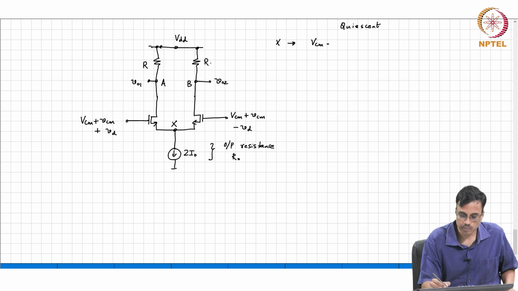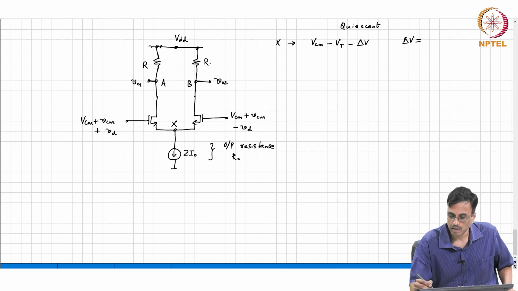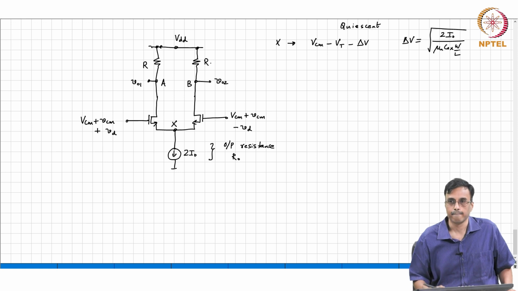VCM minus VT minus some overdrive delta V, and what is delta V? Yeah, it is nothing but square root of 2 I naught over mu n C ox W by L. Okay, all right.